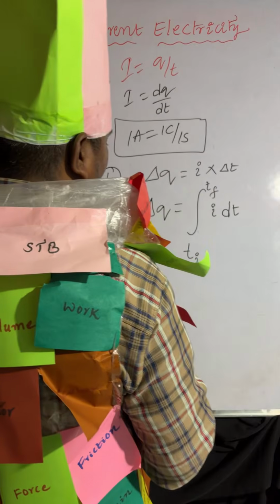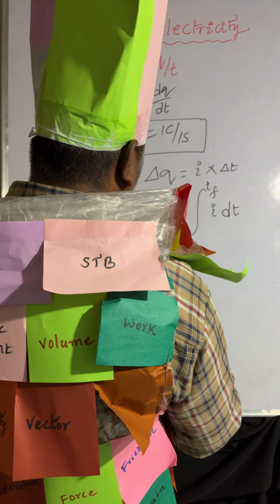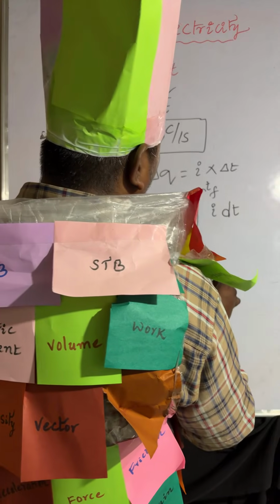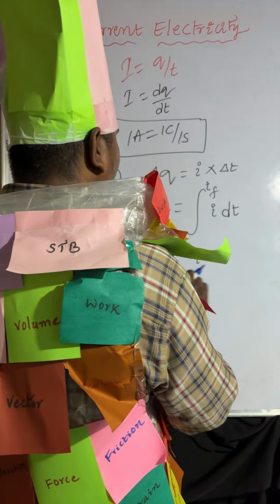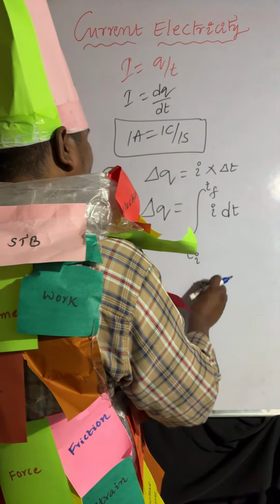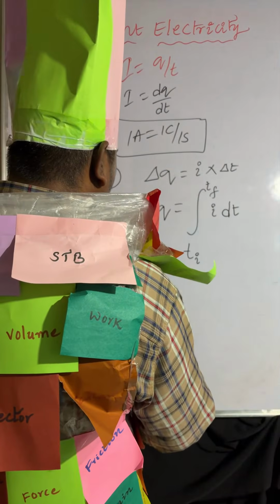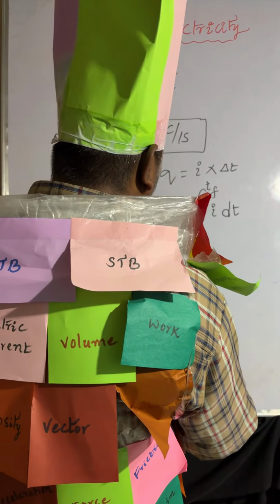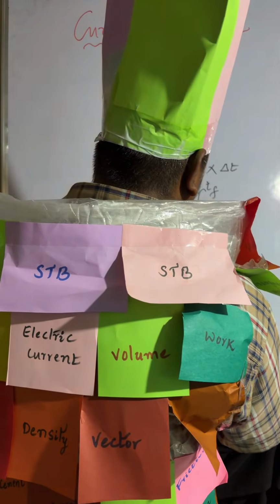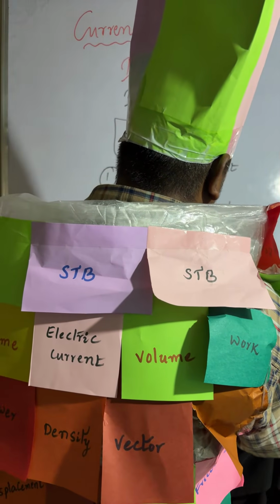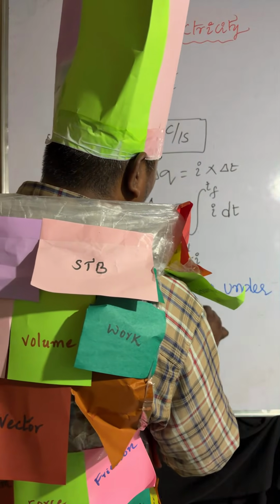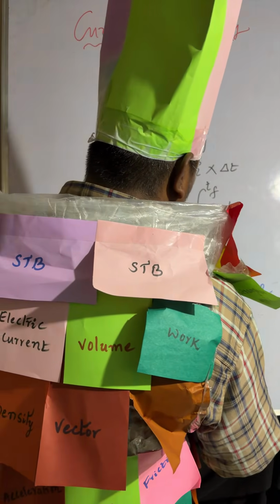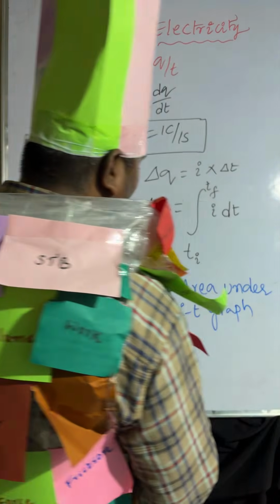Coming to the third one, the flow of charge can be obtained from the area under the I-T graph. So delta Q equals the area under the I-T graph.